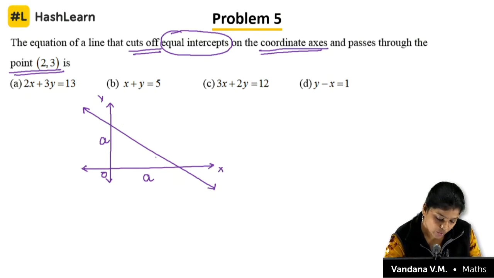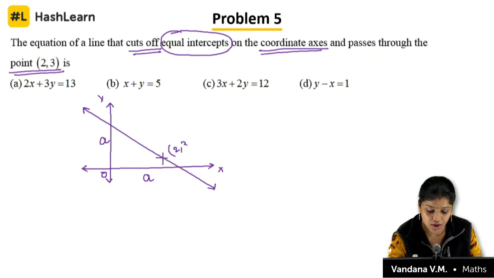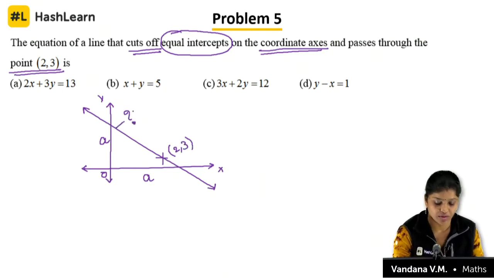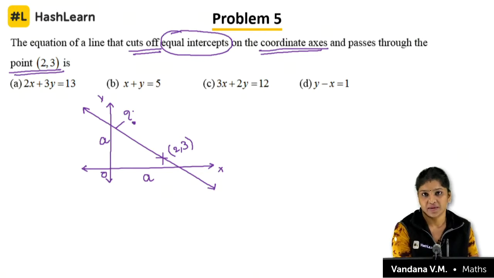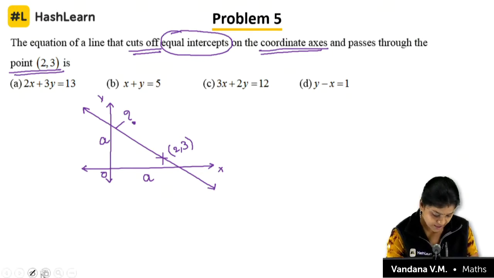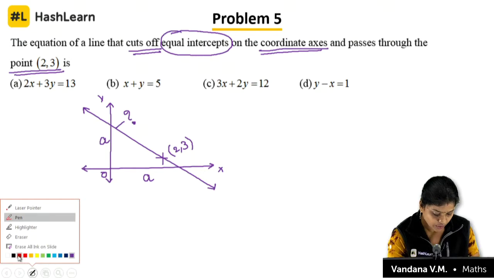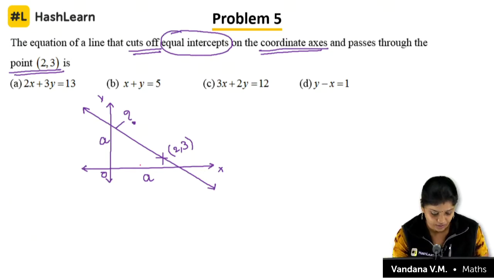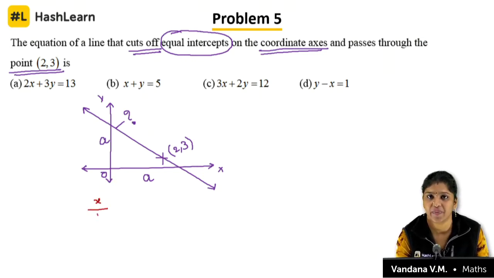Now one more information also they gave. This is passing through 2 comma 3. Now I would like to find out the equation of this line. Clear children? Yes. Now I told you already, if you know the intercepts, how to write the equation: x divided by x intercept plus y divided by y intercept is equal to 1.